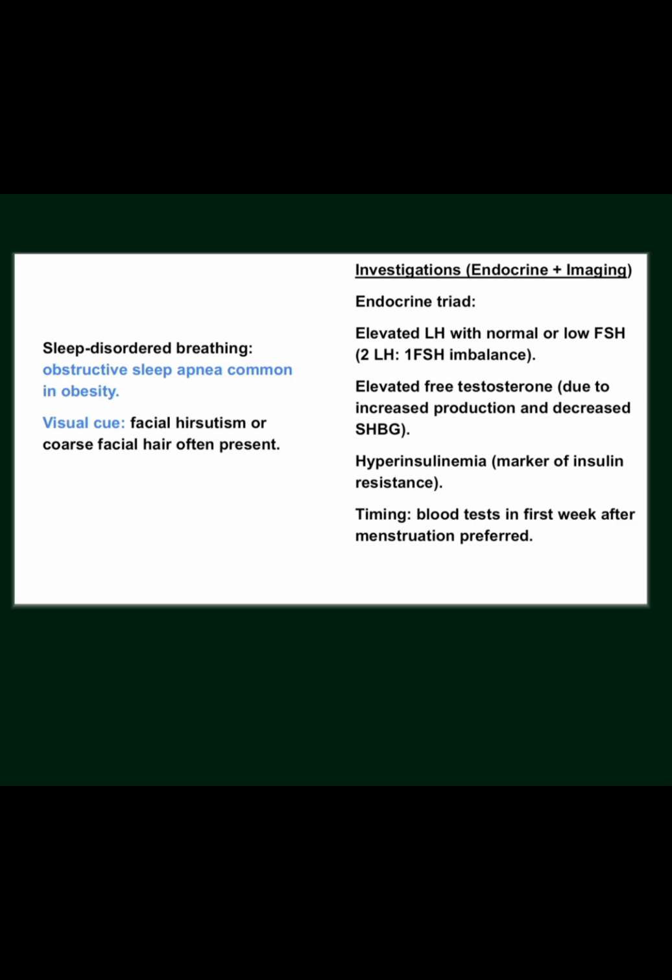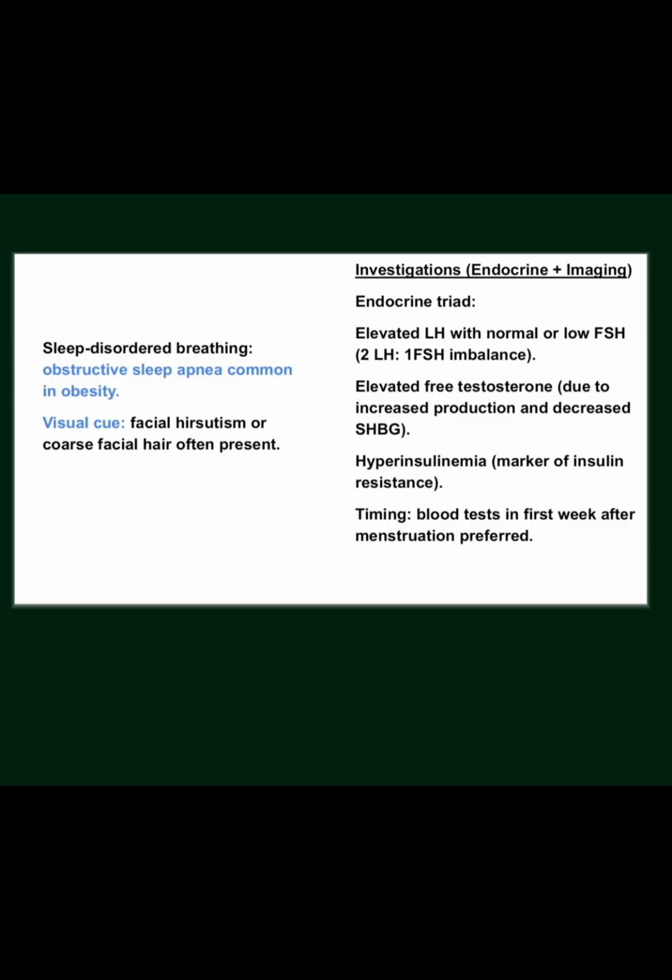Okay, so when we're doing our investigations for these patients, we need to start with our endocrine investigations, such as checking for elevated LH, okay, and FSH. When we do the LH and FSH, you find that it's a 2-to-1 ratio, and there's elevated free testosterone due to the reduced sex hormone binding globulin, and also hyperinsulinemia.